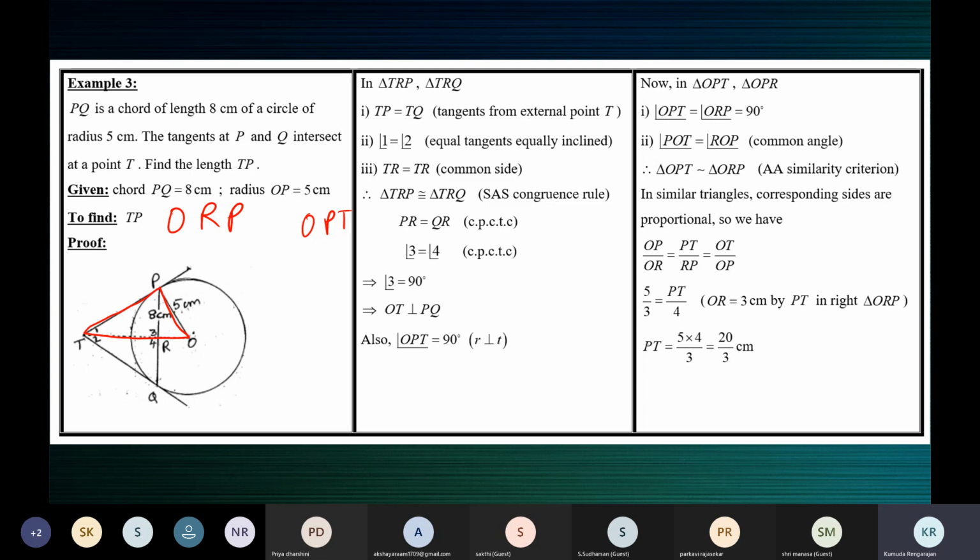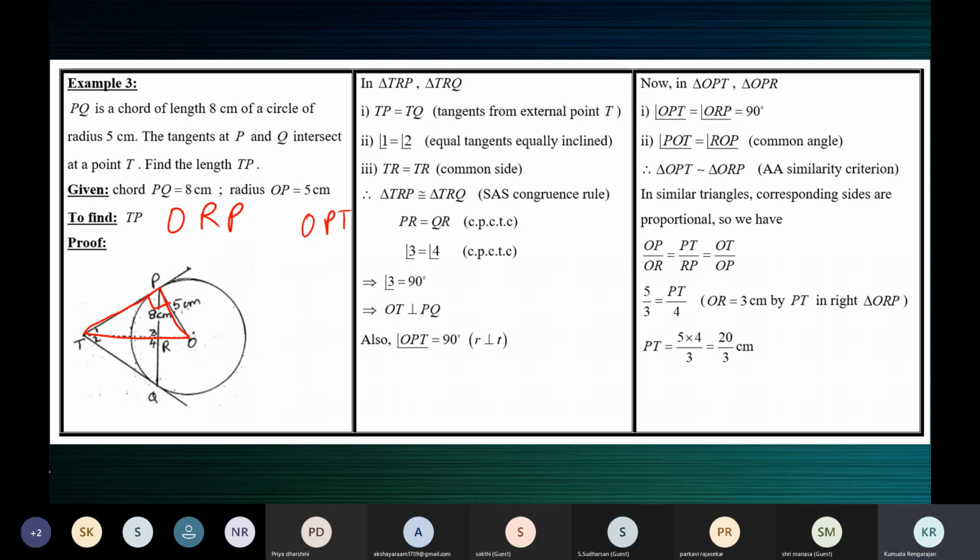That means ORP also should be a right triangle if they have to be similar. Because in similar triangles, corresponding angles are equal and sides are proportional. So if there is 90 degrees in one triangle, there should be 90 degrees in the other triangle.